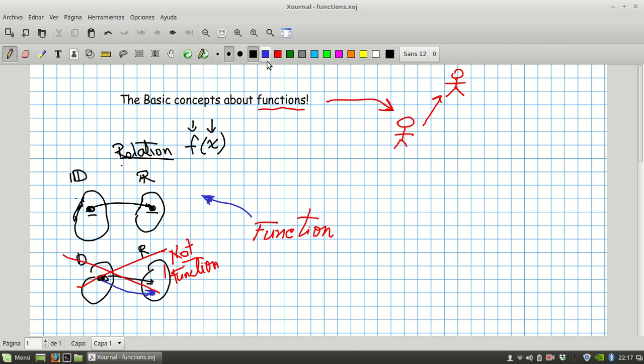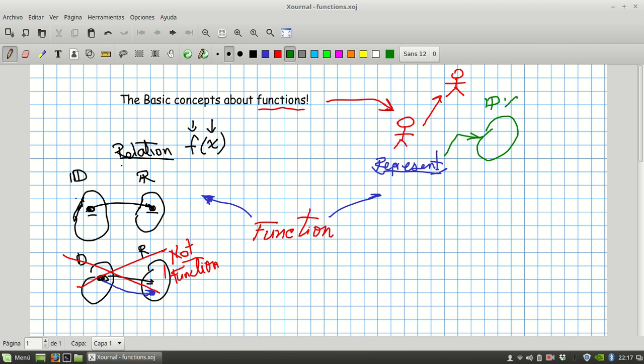And you may ask, if this is a function, how could I represent a function? There are many ways to represent a function. I'm just going to talk about three options, and the first option is called diagrams or Venn diagrams.